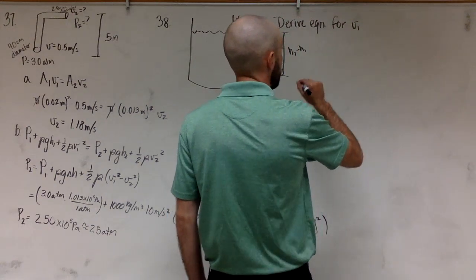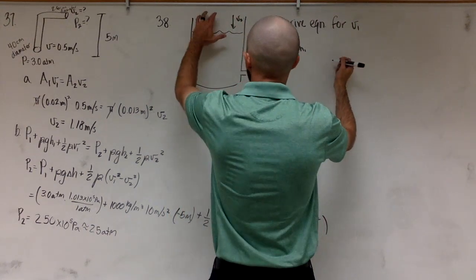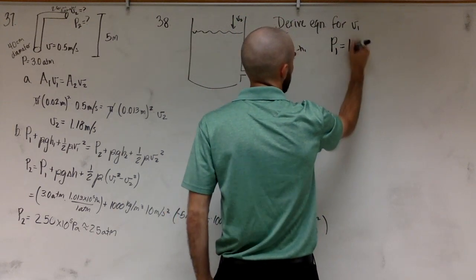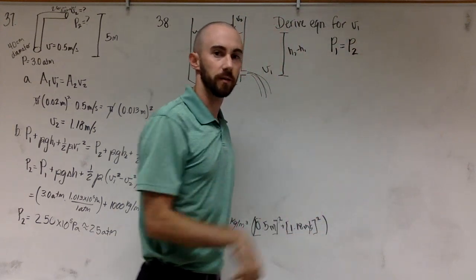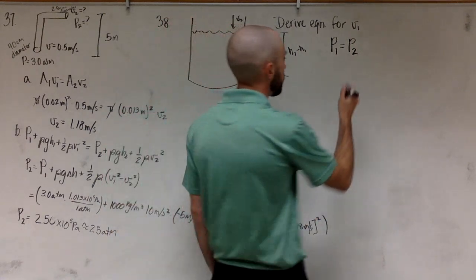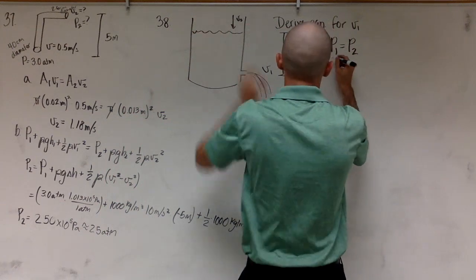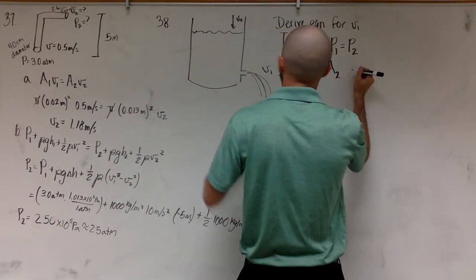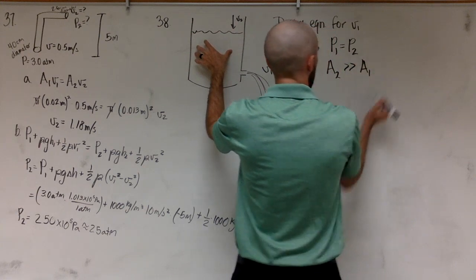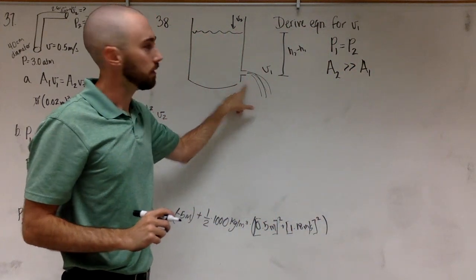Okay. One assumption we know right at the start: both are exposed to the air. That means that P1 equals P2. Don't even have to worry about pressure. It's going to cancel out on both sides. Next thing we know is that the area of the opening of the cylinder is significantly larger than the area coming out here.